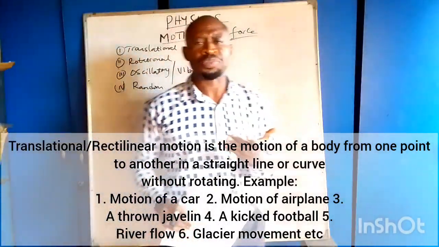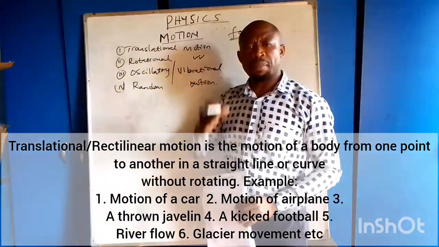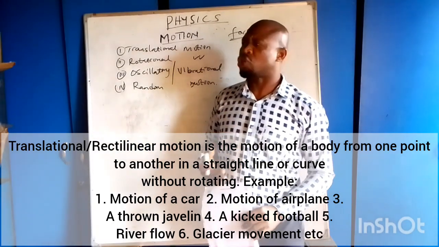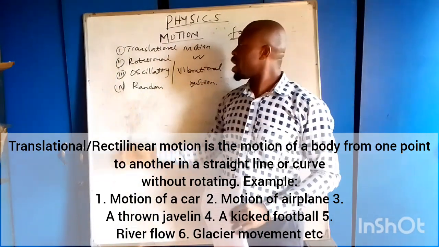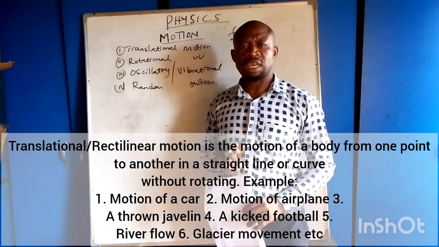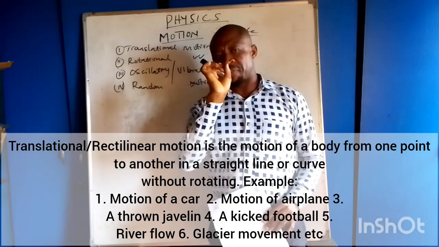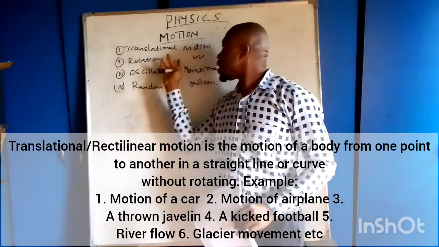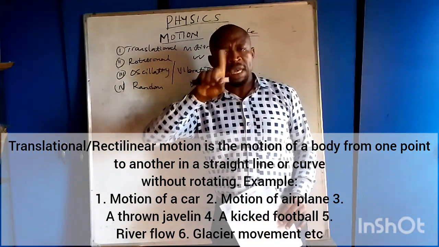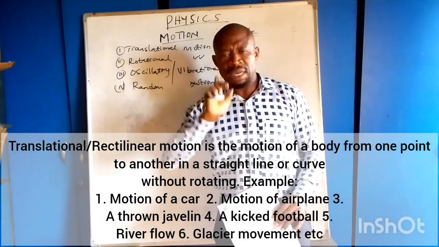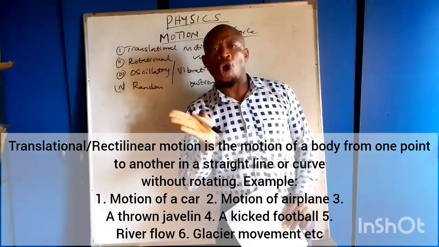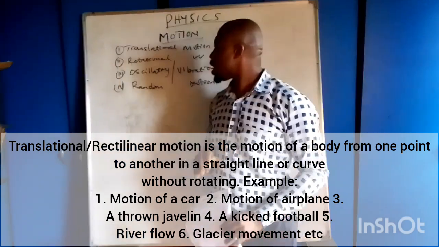For example, if a car moves from one particular position to another, what we have is translational motion. It can be along a curve, but the fact I want us to pick here is that it doesn't rotate. It can move along a curve, but without rotating.